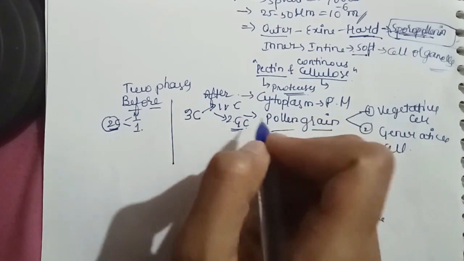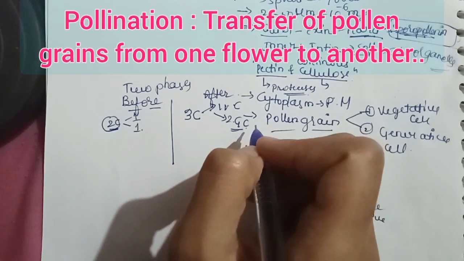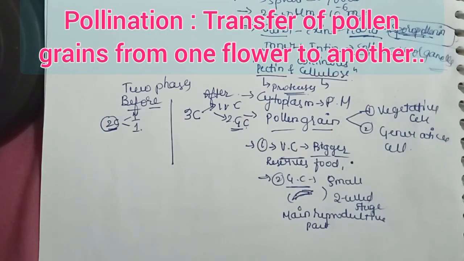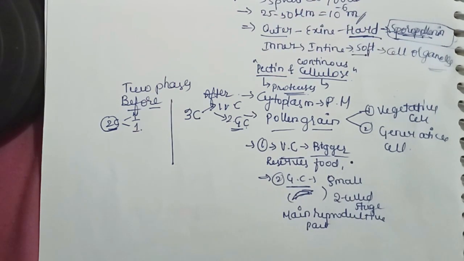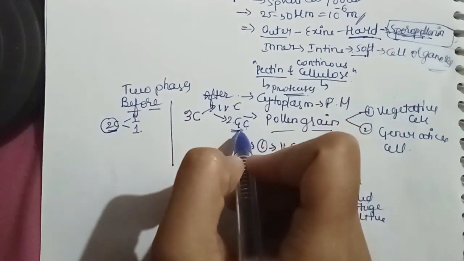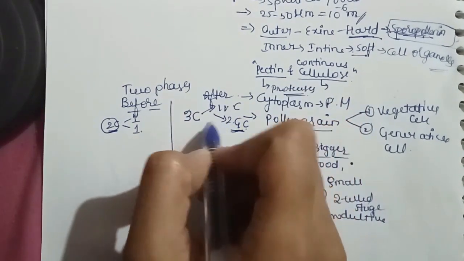During the pollination process, and post-pollination also, we will come to know there will be a formation of two male gametes, during fertilization and after pollination. We will see that the two gametes are present in the generative part.